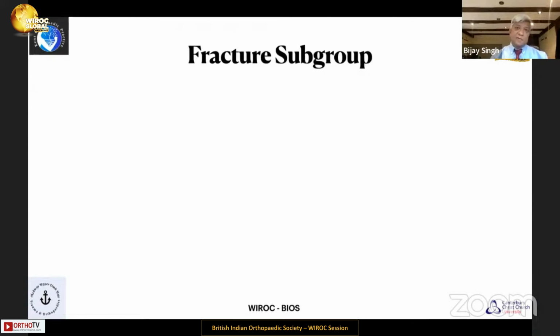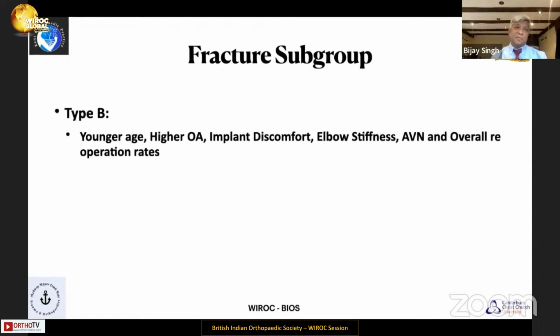If we delve in further and look at this fracture subgroup, in the type B, which has less intra-articular comminution, there was seen in younger age group patients increased incidence of OA, increased incidence of implant discomfort and stiffness, and overall reoperation rates were higher.